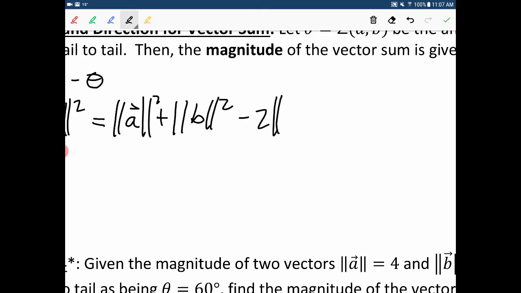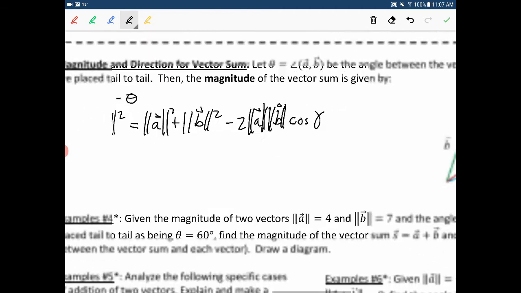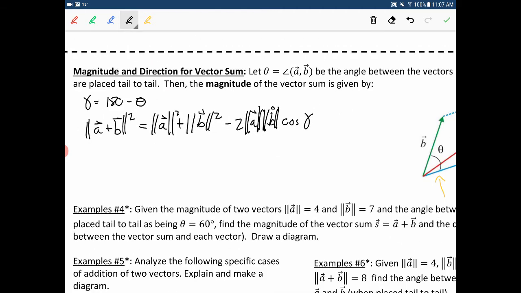Don't feel bad, but try not to, obviously. Then we do 2ab. I think I'm getting messier as I go on. I'm also forgetting my vector signs. And then it's cos gamma. I'm pretty sure that's a gamma. Anyway, that's it. That will give you your magnitude.